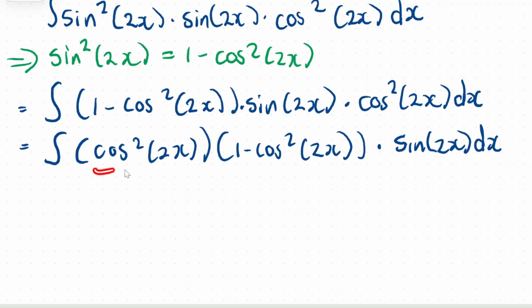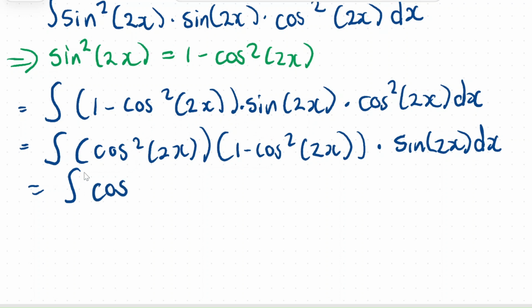So what do we notice? We see the cosines together, so we can distribute that. Cos squared multiplied by 1 would be cos squared of 2x, and then cos squared of 2x multiplied by cos squared of 2x would be minus cos to the power 4 of 2x.